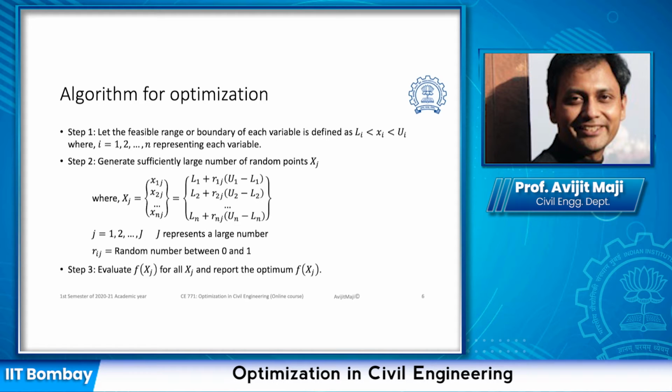In this method, we should generate as large a number of locations as possible to ensure that the search space is appropriately covered. This number generation can be seen in step 2 of the algorithm. Once we do this, we need to evaluate the objective function value at each of these locations. After evaluating, we need to find the optimum value of the objective function and report the corresponding location as the optimum location for this problem.